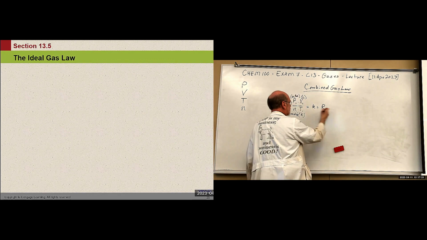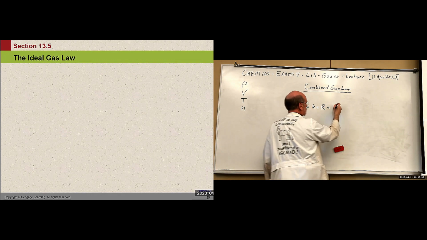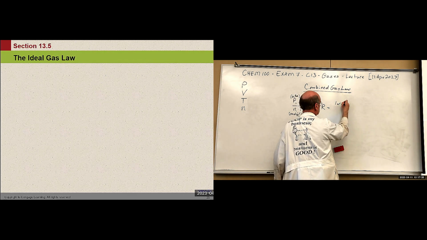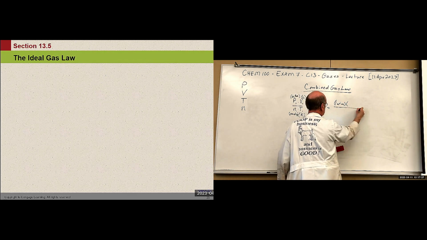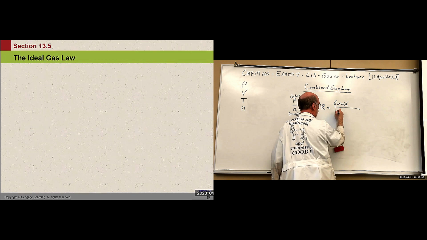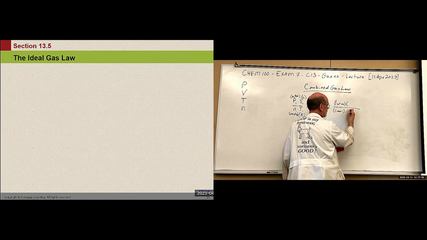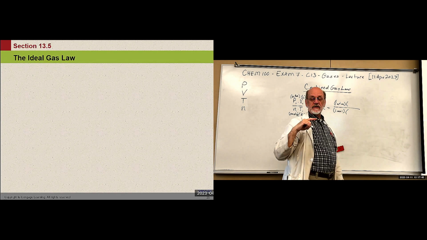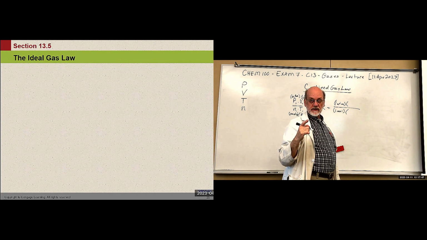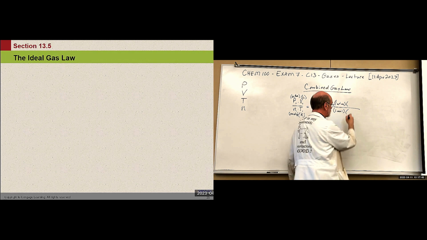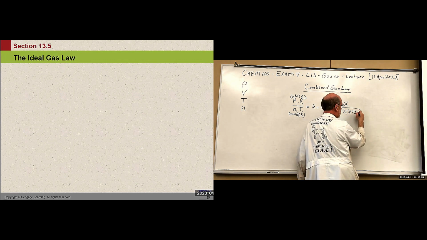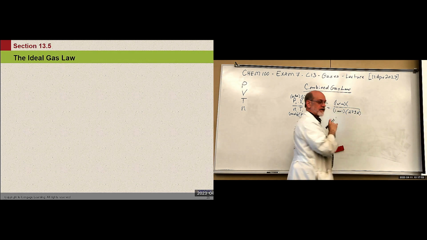If we measure pressure 1 atmosphere and 1 mole of gas, and 0 degrees Celsius, which in Kelvin terms is 273 K, then what's the volume?